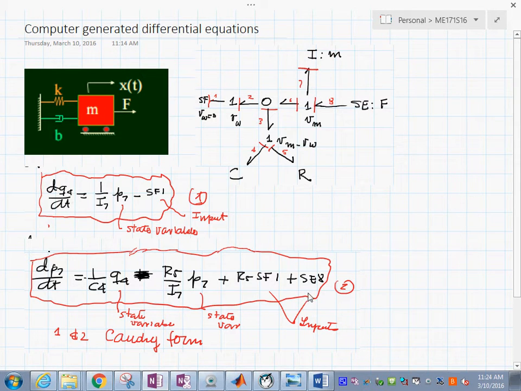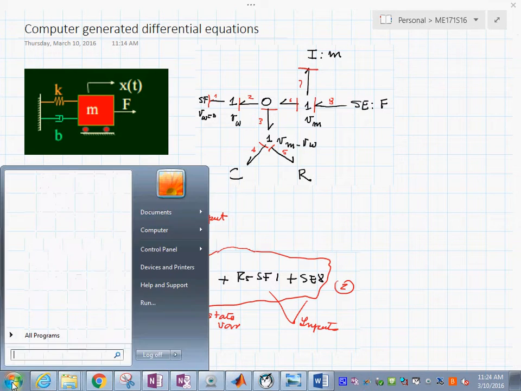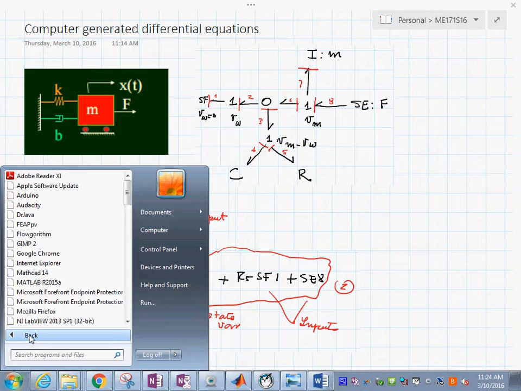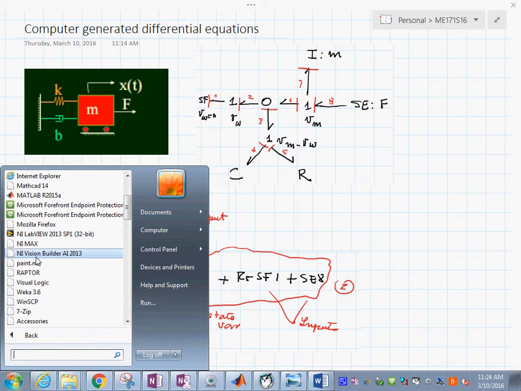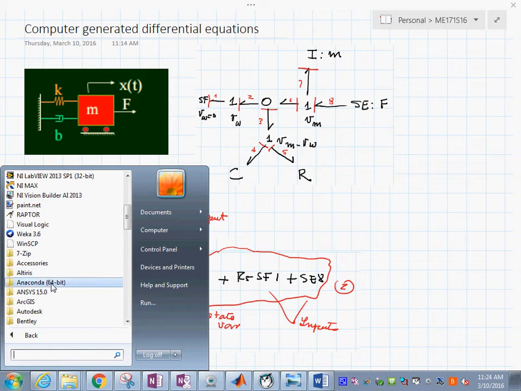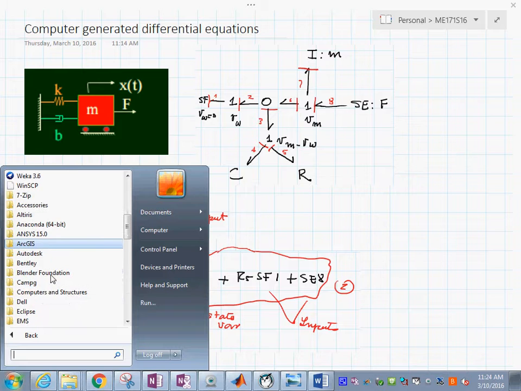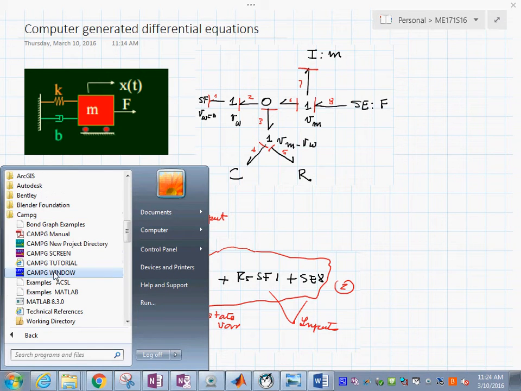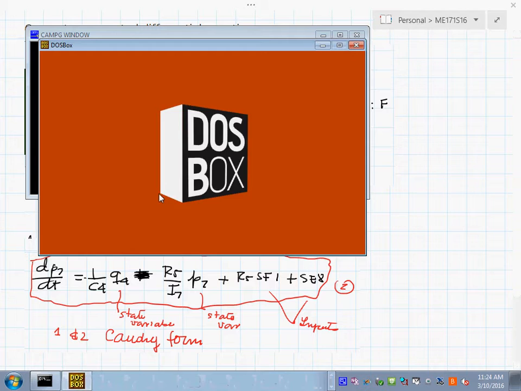So we're going to go over here and into CAMG, and then click on the model here. First of all we need to get started.